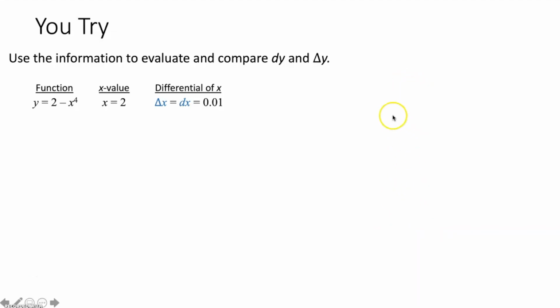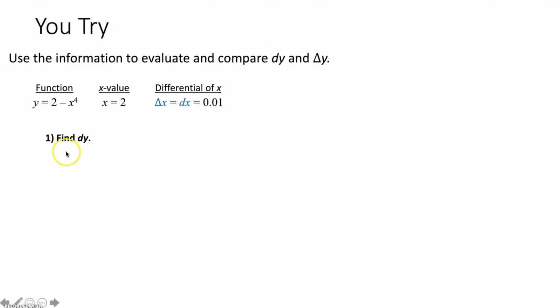And the difference between the y value of the function at x is equal to 2.01 and the y value of the function at x is equal to 2, that's delta y. The difference between the y value of the tangent line at x is equal to 2.01 and the y value of the tangent line, or the function, it's the same thing, at x equals 2, that difference is going to be dy. So let's calculate each of these and compare how close they actually are to one another.